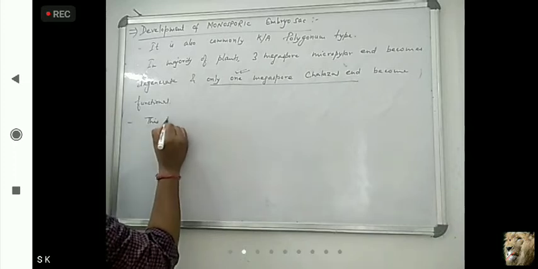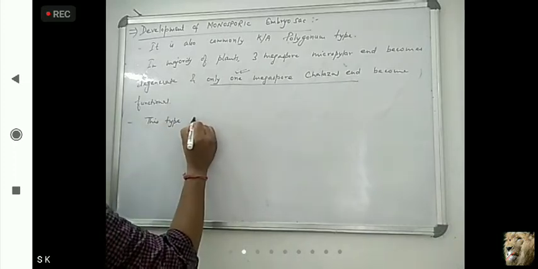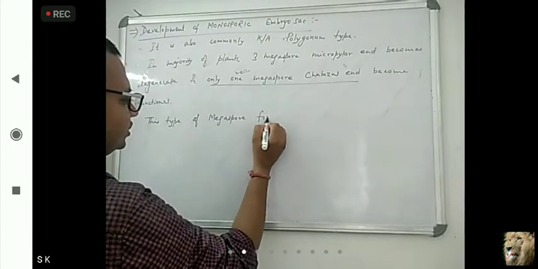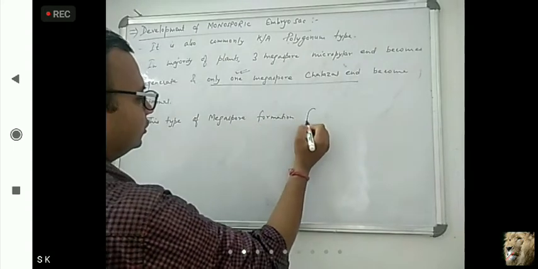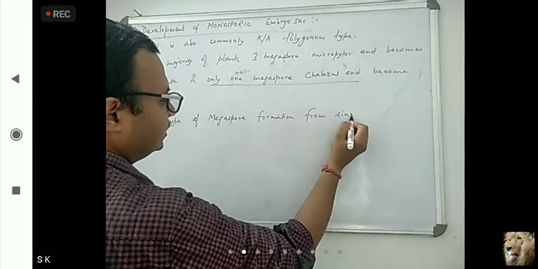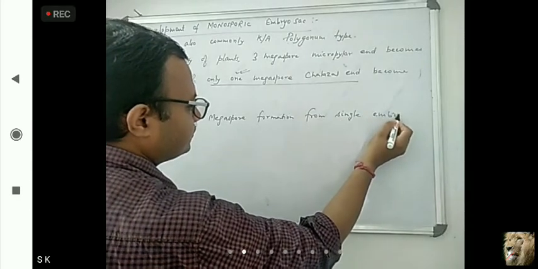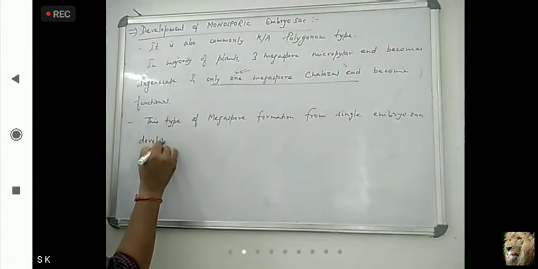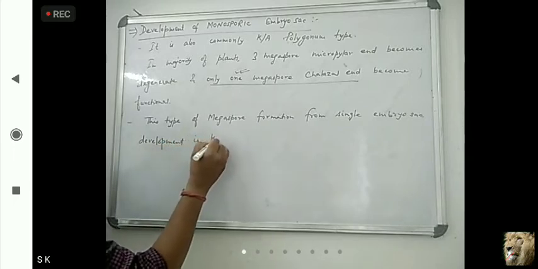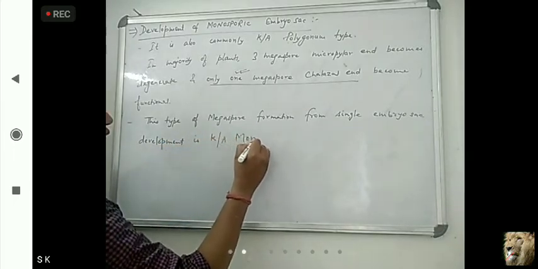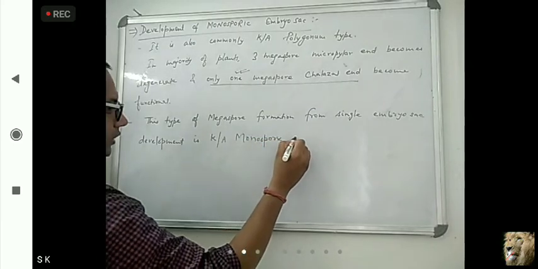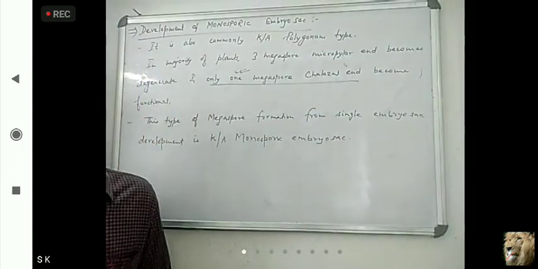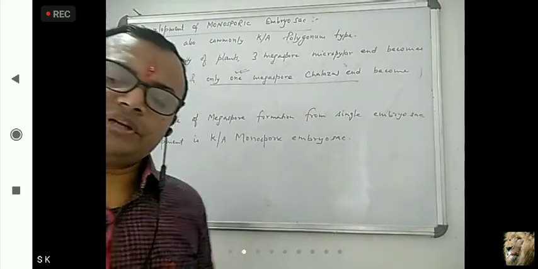This type of embryo sac development from a single megaspore is known as monosporic embryo sac. Okay, so it is known as what? Monosporic.